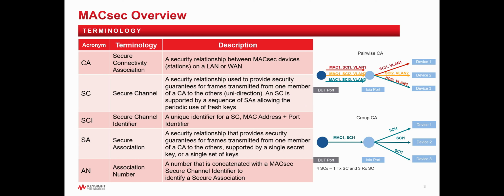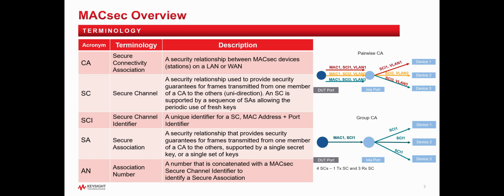This is just a little bit about the terminology that we talk about. CA, CS, secure channel, the secure channel identifier, the secure association and what it does, and the relationship between them. AN, the association number, is the number that's concatenated with your MACsec secure channel identifier to identify a secured association.